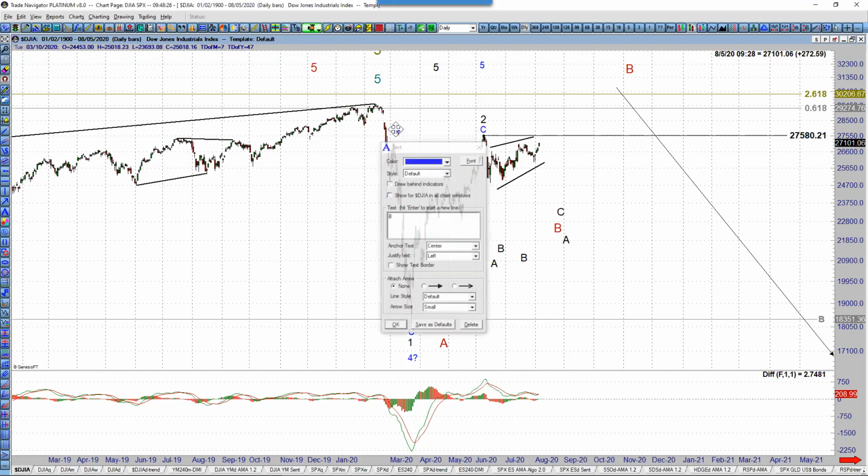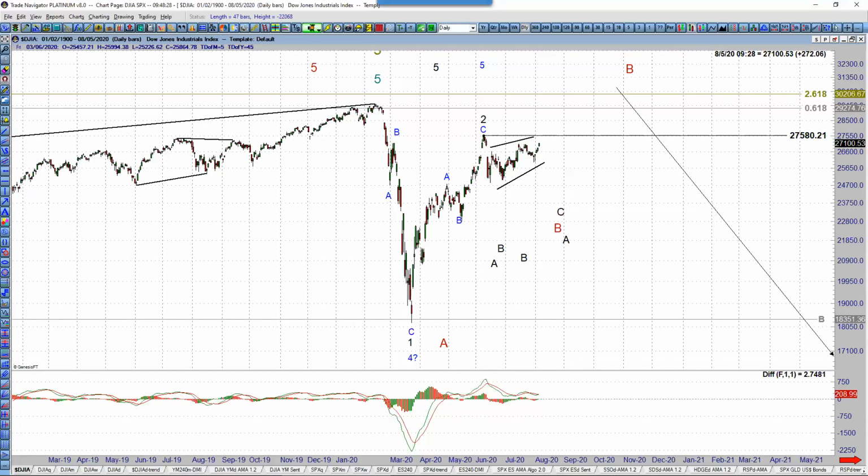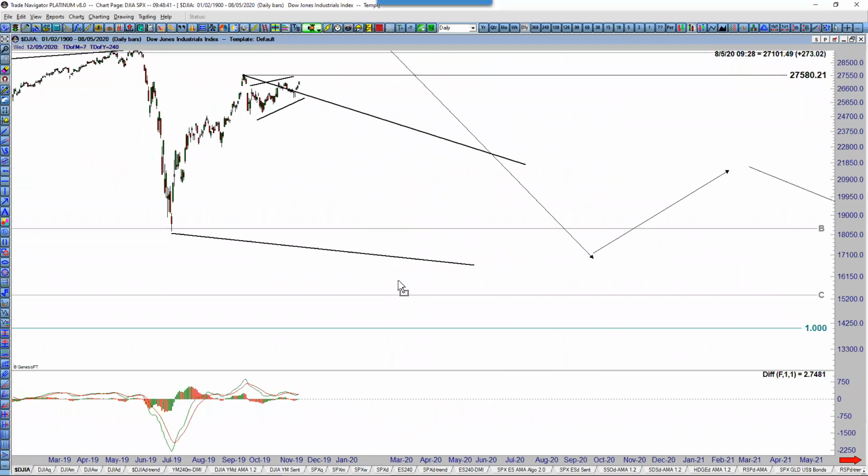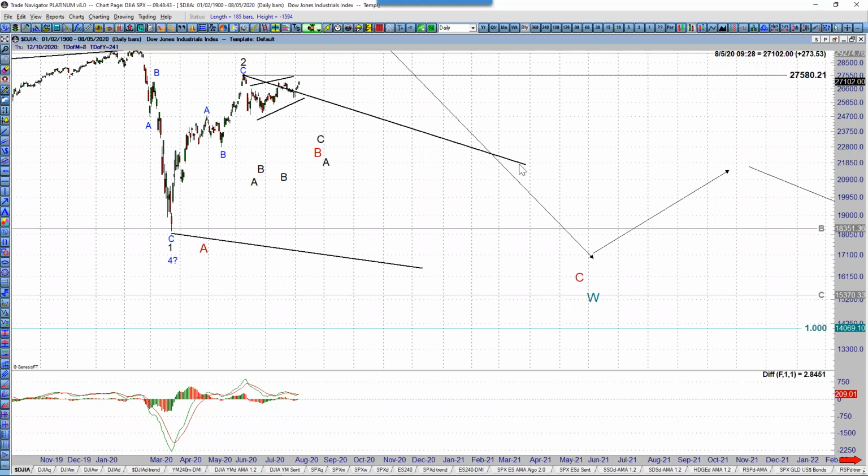So if this move to the downside is going to start with a diagonal, and we've already seen the end of wave 1 and the end of wave 2 here, and we'll eventually move down like this. And that would be wave A.